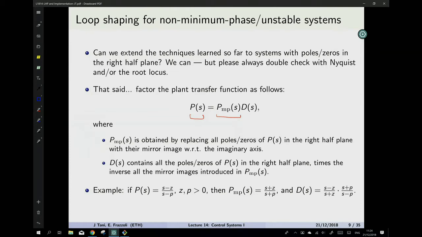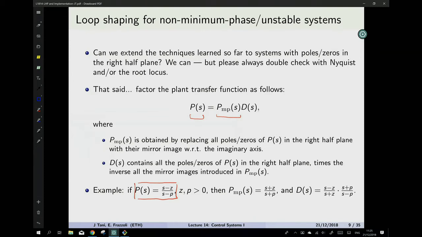Well, suppose you have this transfer function here, okay? P of S is equal to S minus Z over S minus P. Z and P are two positive numbers, so you've got both an unstable pole and a non-minimum phase zero. Okay? So basically, you pretend that actually those poles and zeros were stable, were good, okay?